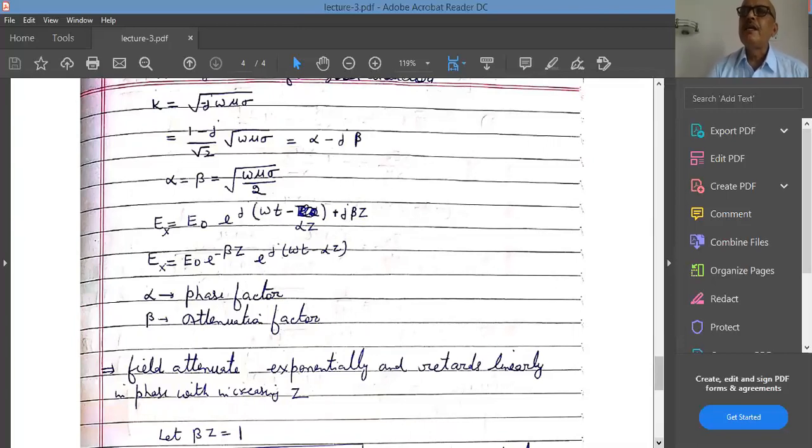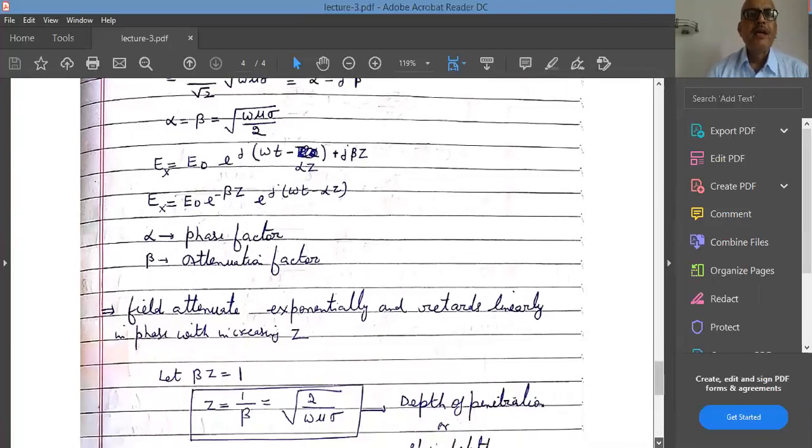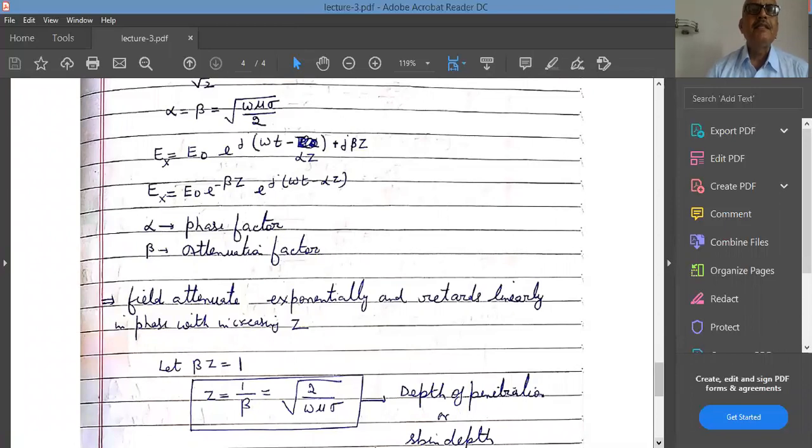Their amplitude is constant throughout the medium. But here, both the phase and the amplitude keep on changing as the wave is incident at the boundary of a conducting medium. Now looking at this term, the amplitude is E0 e to the power minus beta z.